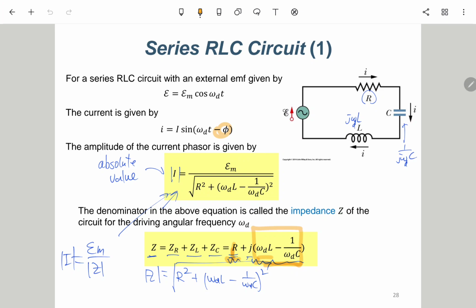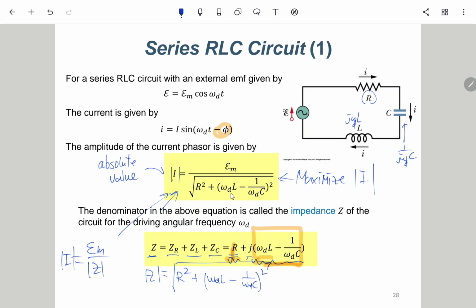Okay, if we try to maximize the absolute value of I. Okay, EM cannot be changed, R cannot be changed, L and C also cannot change, so the only thing we can change is omega d.